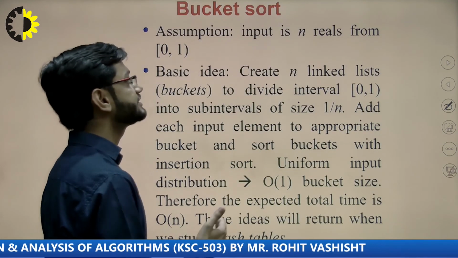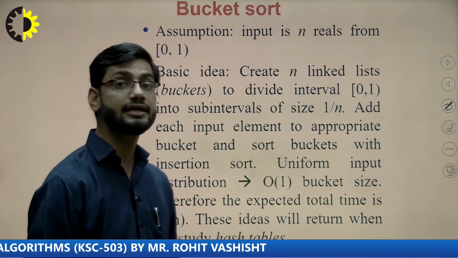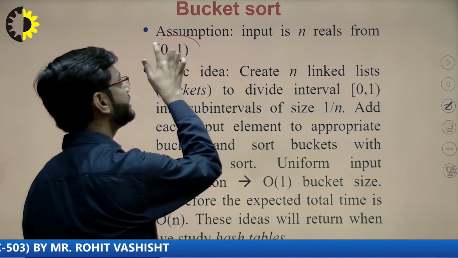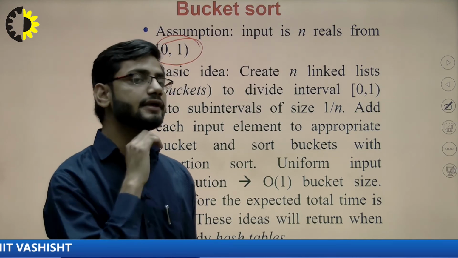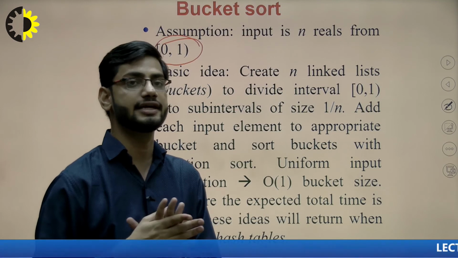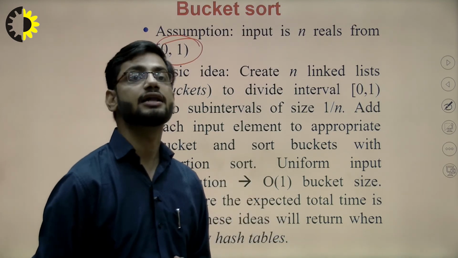This is the last sorting algorithm under this category, sorting in linear time, that is bucket sort. Bucket sort imposes a condition that your input should be in the range 0 to 1, meaning it is generally used to sort decimal numbers within linear time.